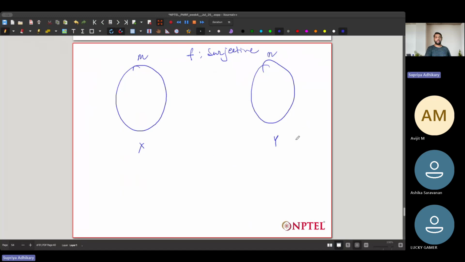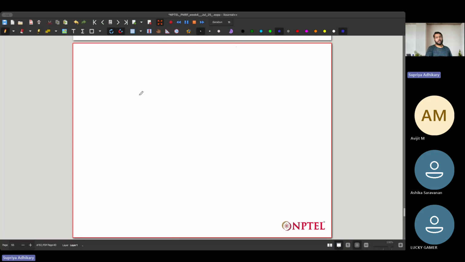In order to find surjective maps, what do we know about a surjective map? If we consider any y over here, then there should be at least one pre-image over here. So what we do is, depending on the values in Y, we define this set. C_y is basically the set of all x in X such that f(x) is equal to y.